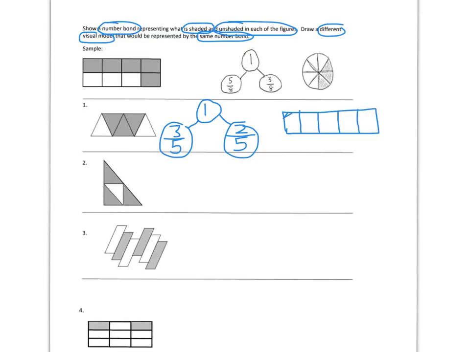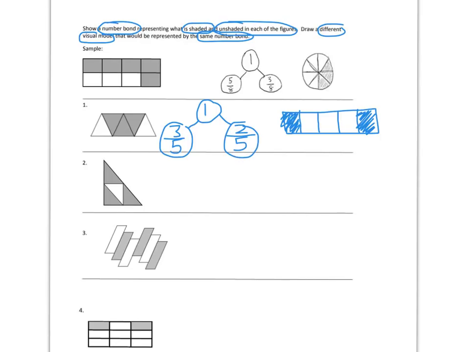Well, this time I can just shade 1, 2. This time I have 2/5 that are shaded and 3/5 that are unshaded. However, I'm still working with the same non-unit fractions, 3/5 and 2/5. Different visual model, but the same number bond.